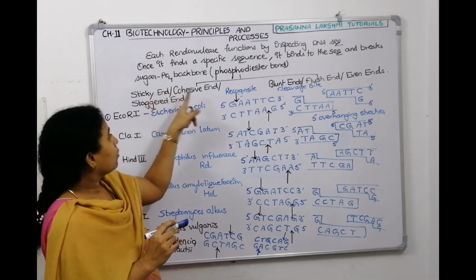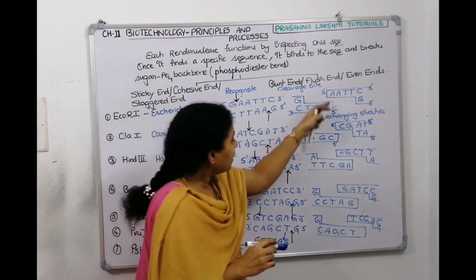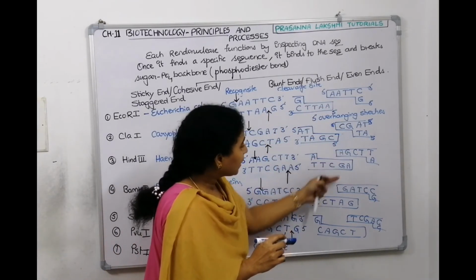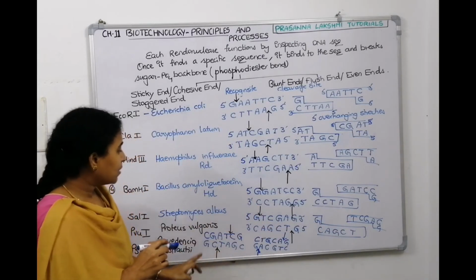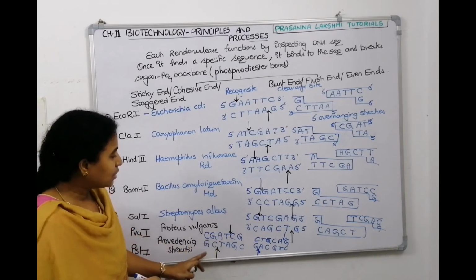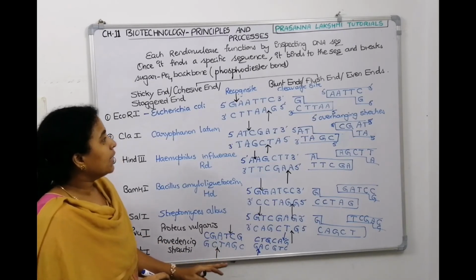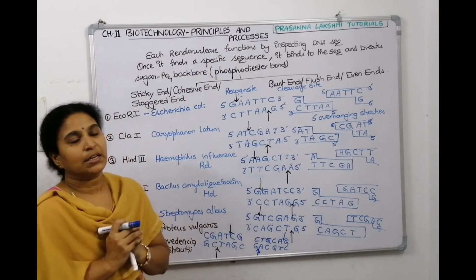Sticky cuts, which are also called cohesive ends or staggered ends. We are seeing, yeah, it is sticky, again sticky, again sticky. I don't have space here. I didn't draw for this one, but I showed you the cleavage sites. You can draw it, I think. Then all these are sticky end enzymes, and only these we want in biotechnology.